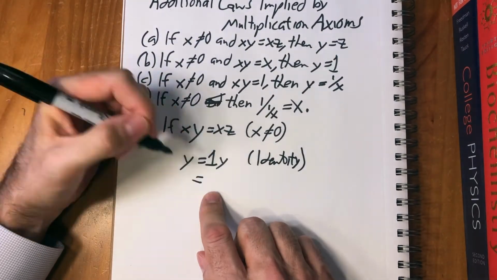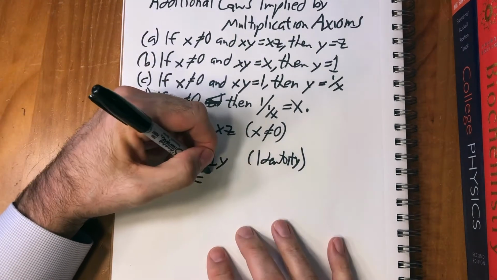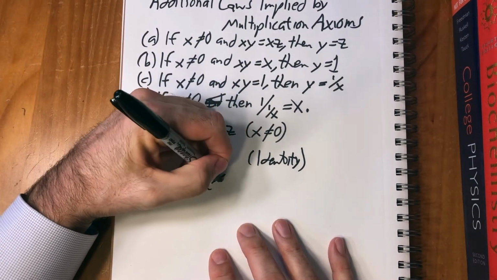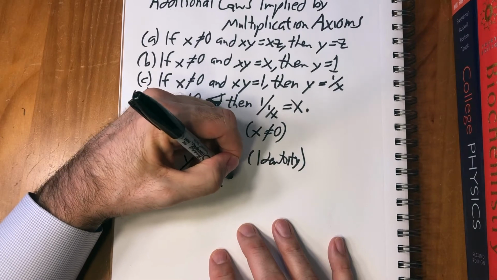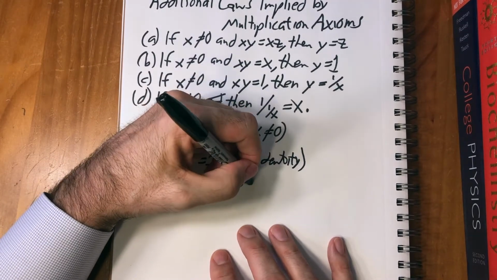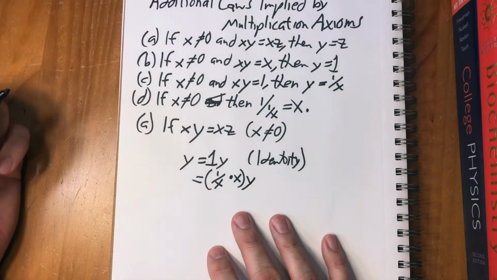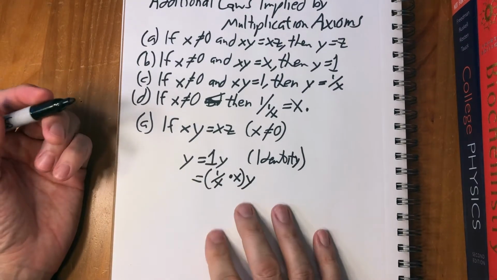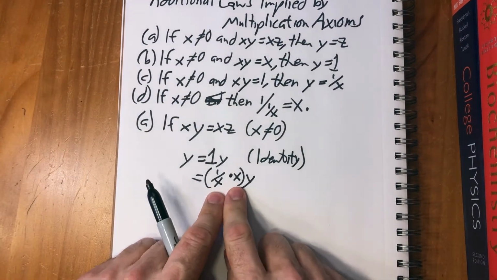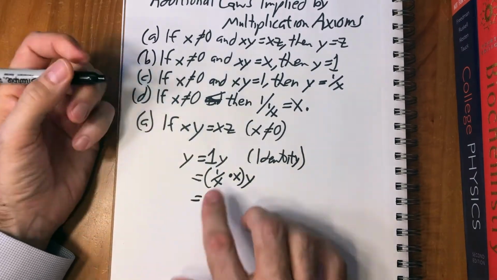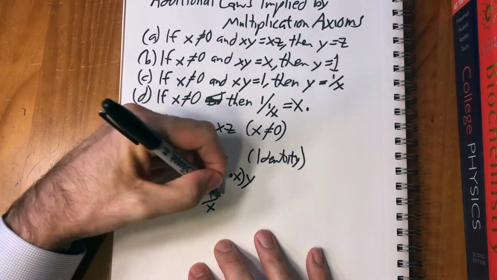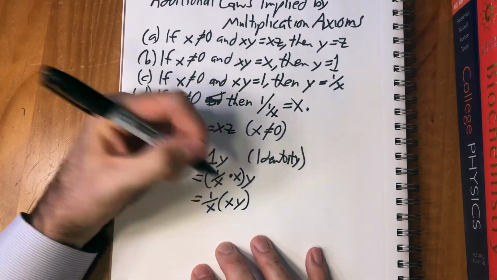And then 1y we can rewrite as 1 over x times x times y, which is the inverse, right? Because 1 over x times x is 1. Associativity, we have 1 over x times xy.